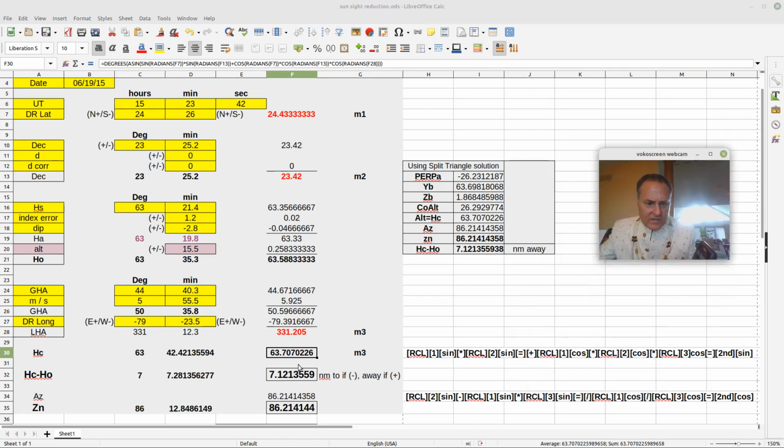Now, I'm going to broaden this out. The keystrokes to get this value, HC, are right here. These are the keystrokes on a calculator.